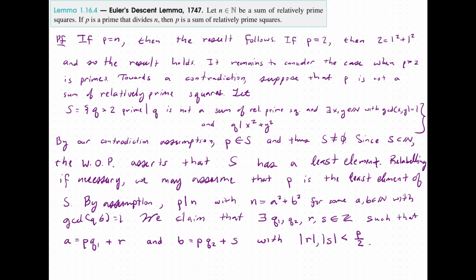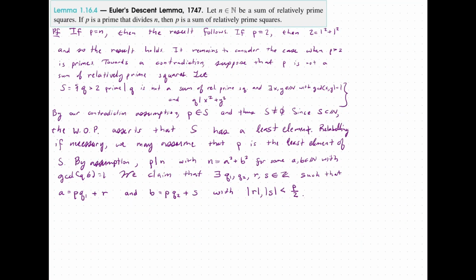So notice that P is odd, so P over 2 is not an integer. So we want to show the existence of these. The way that the claim will be justified, we only need to show it for A, because if we show it for A, the same exact argument is going to hold for B. So let us go ahead and show the claim.